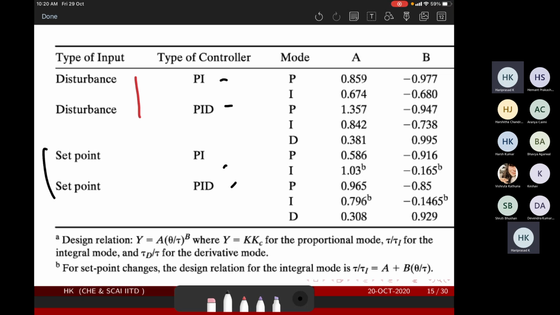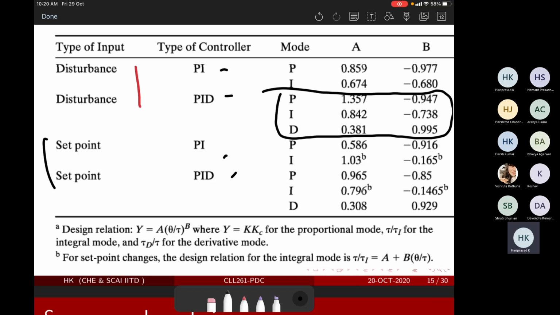For instance, you wanted to develop a PID controller for disturbance rejection. So you will have to look at these data: P, I, and D. The design relation is Y equal to A times (theta by tau) to the power B, where Y is K Kc for the proportional mode, tau by tau I for the integral mode, and tau D by tau for the derivative mode.